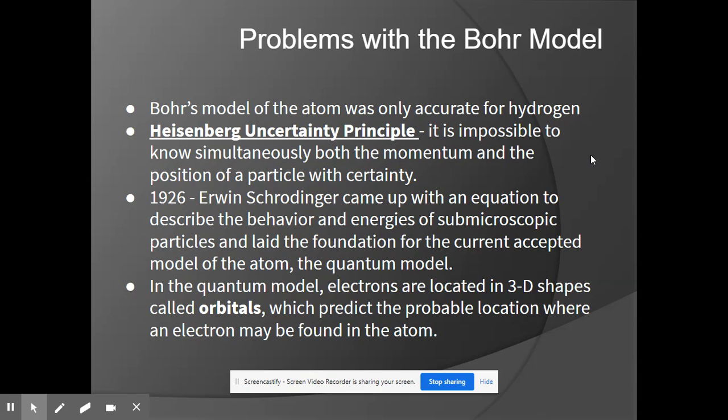We can say it's going to be somewhere in this area. And that's where we get the electron cloud model, which is the current accepted model of the atom. So we still consider that electrons exist in certain energy levels, and then there are certain quantum numbers that are assigned to each electron to describe its properties.